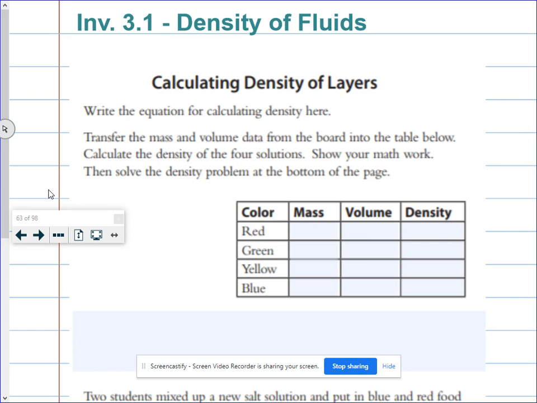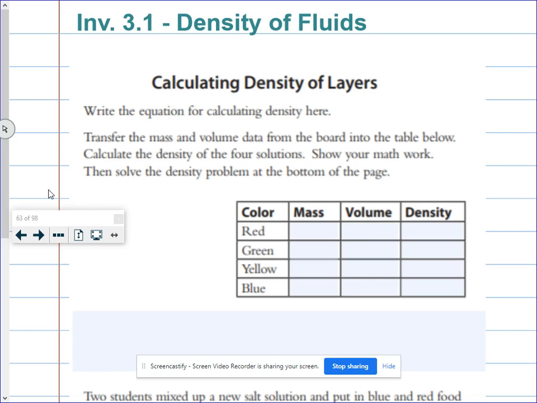So it says on the very top, calculating density of layers. So we're going to jump back to, now that we know the formula for calculating density, and now that we've done a practice problem, we're going to calculate the density of the layers of the different colors that we had in the lab. So the first thing there says, write the equation for calculating density here.